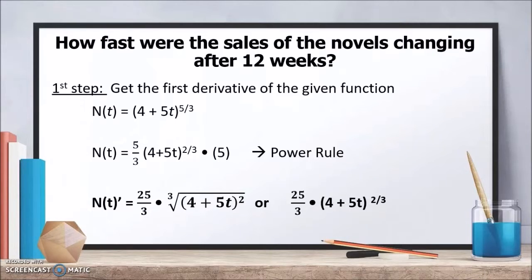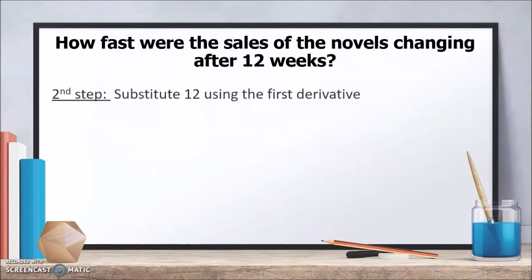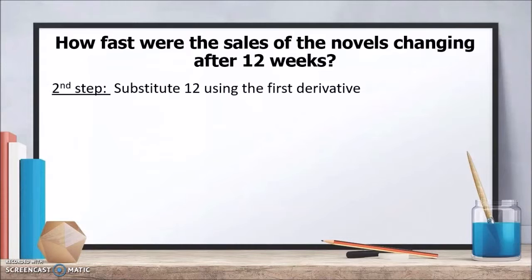After simplifying the expression, now we get the first derivative. The answer is 25 over 3 times the cube root of 4 plus 5t squared, or we can also denote it as 25 over 3 times 4 plus 5t raised to 2/3. So now that we have successfully solved for the first derivative of the original function, we can now proceed to step 2, which is we will substitute 12 using the first derivative.